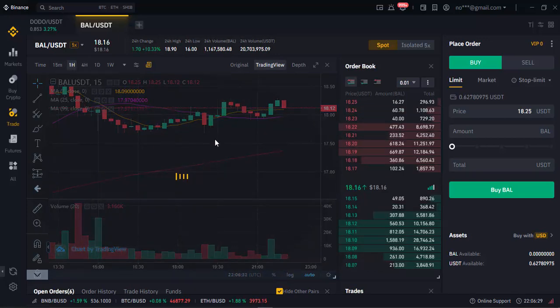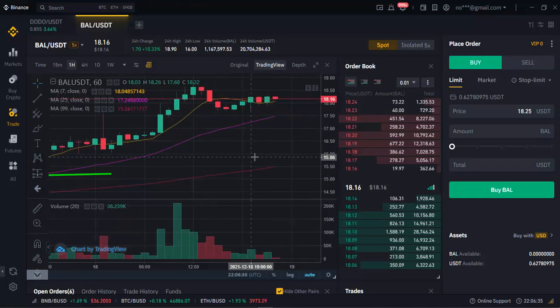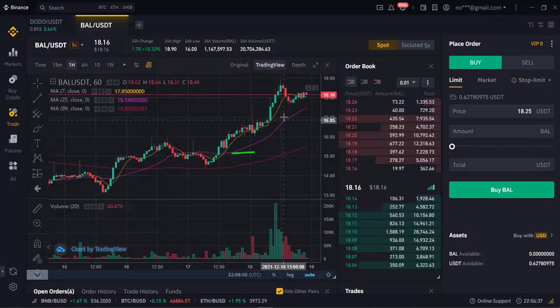We entered this trade at about 16 point something USDT, somewhere close here. That is 16.30 something or 20 something, I guess.